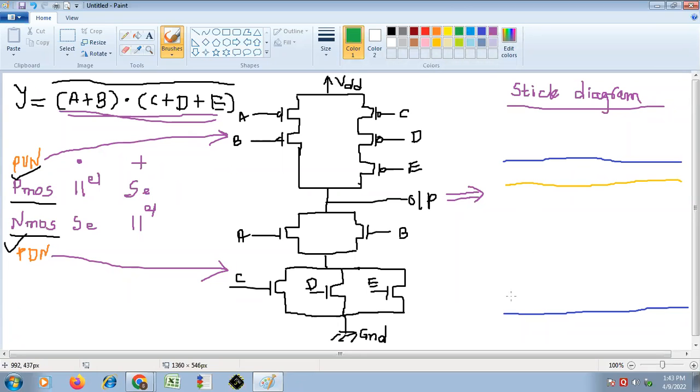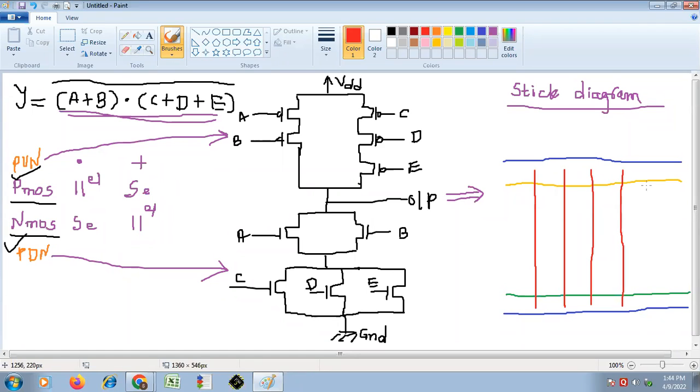And N type diffusion is represented by green color, so it is N diffusion. And the inputs we are representing using red color. So how many inputs we have? 1, 2, 3, 4, 5, A, B, C, D, E. So you have to represent the 5 lines. This is 1, 2, 3, then 4 and 5.